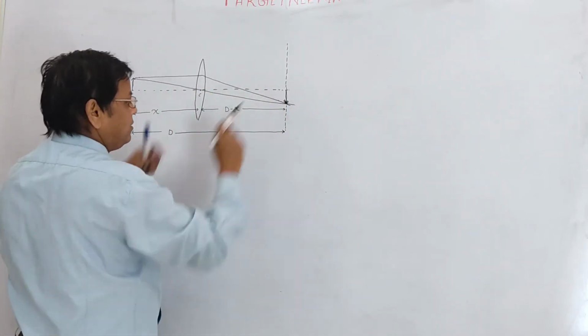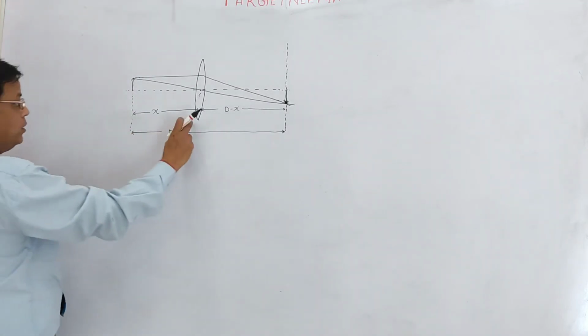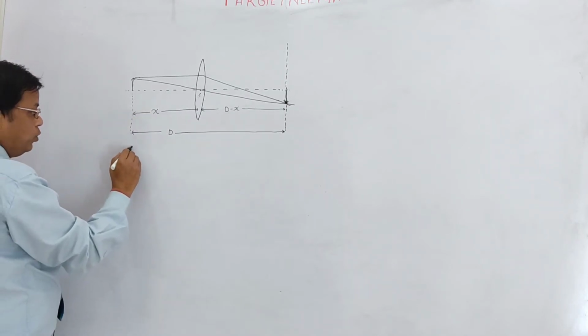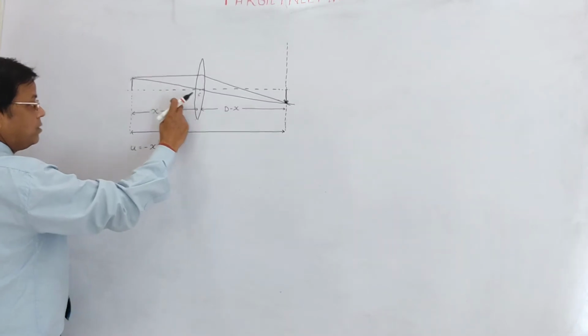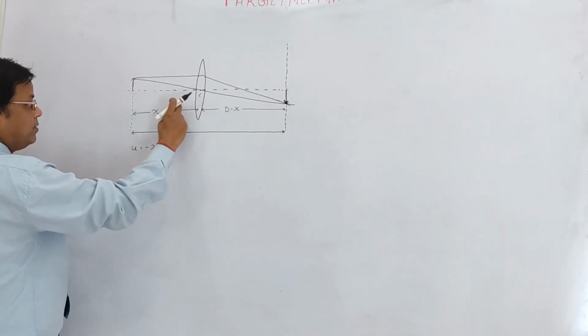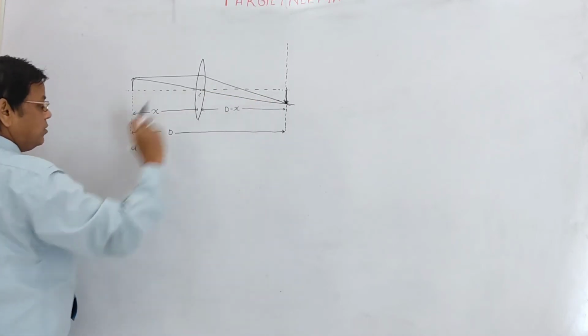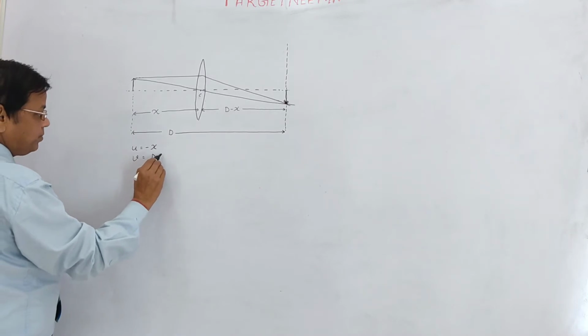If I use the lens formula, then here u is negative and u is equal to x, so here u is minus x, minus because I have to take object distance in this direction, so it is negative. Image distance in this direction is positive, and v is d minus x.